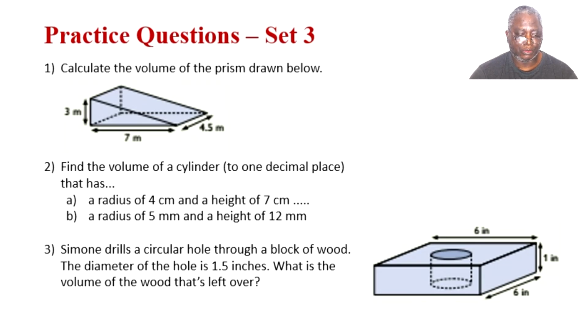And then question 3. Simone drills a circular hole through a block of wood. The diameter of the hole is 1.5 inches. What is the volume of the wood that's left over? So you have to do 2 sets of calculations and find the difference before you'll be able to find the answer for question 3. Let's look at what the answers are.